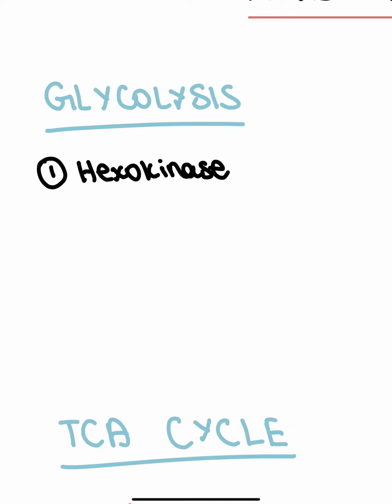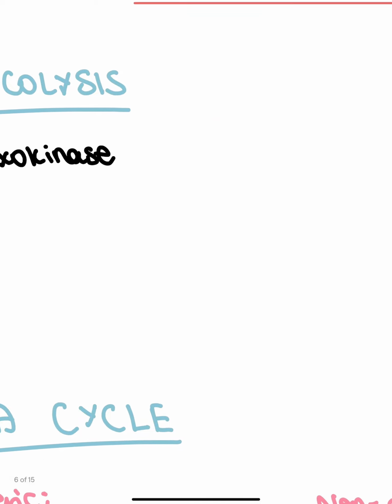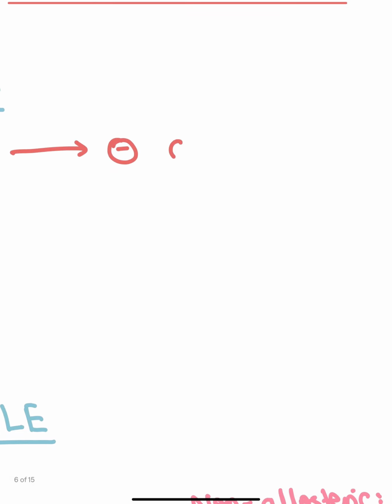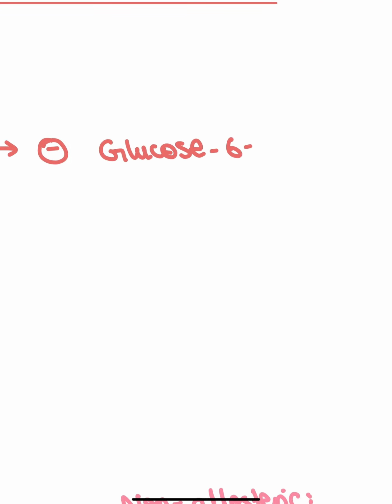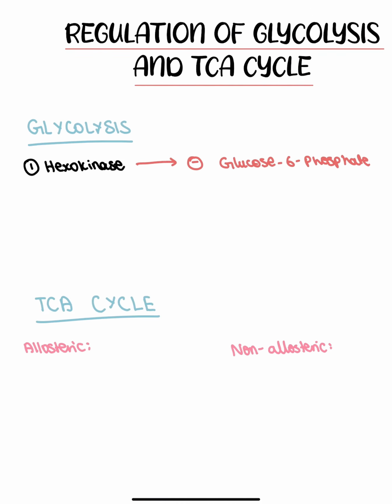Hexokinase only has an inhibitor, and it's inhibited by glucose 6-phosphate. So why is it inhibited by glucose 6-phosphate? Isn't glucose 6-phosphate the next step of glycolysis?